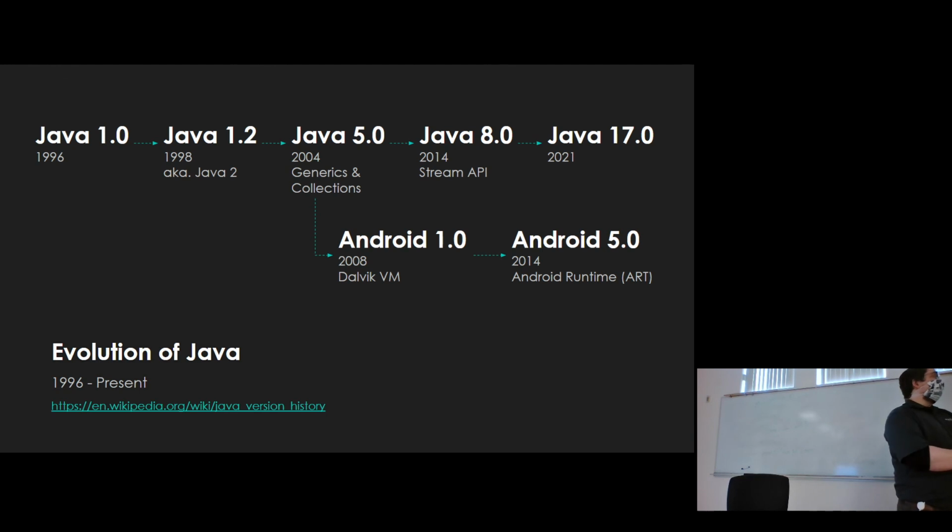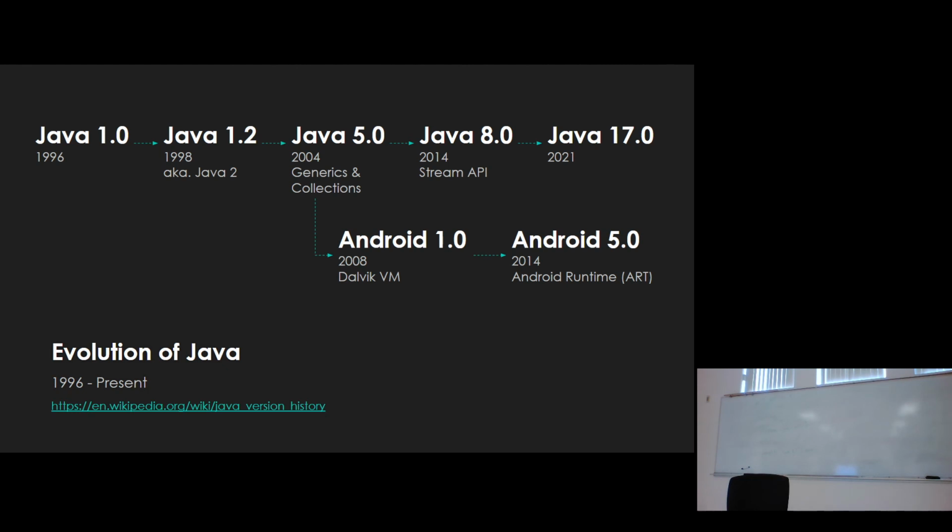So as of 1.5, it is known both as 1.5 and as 5.0. Depending on who you ask, 8.0 might be called 1.8 or 8.0. But the way we usually name these now is by the major version.